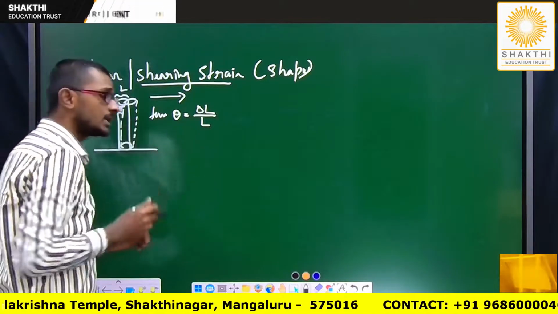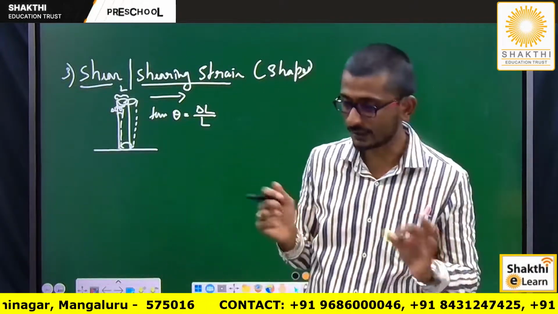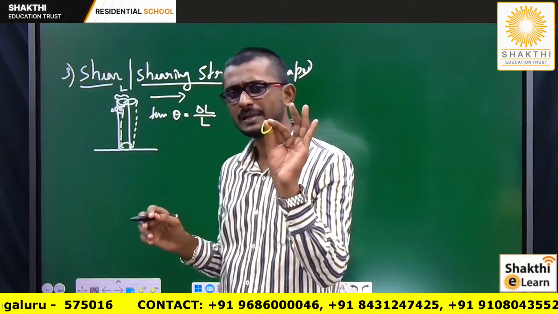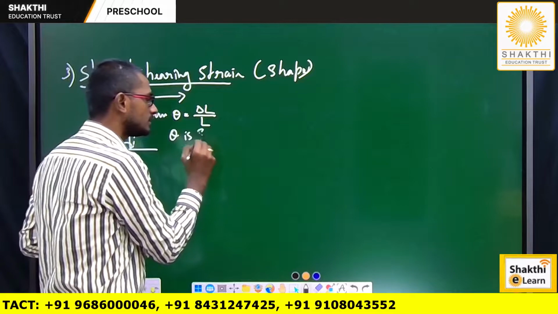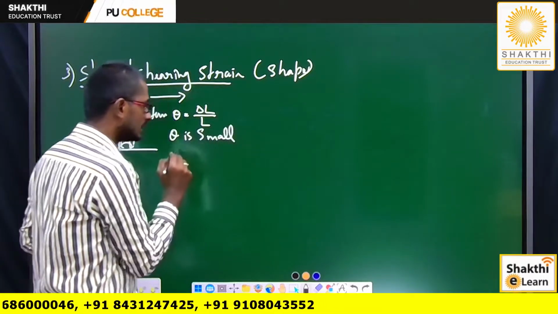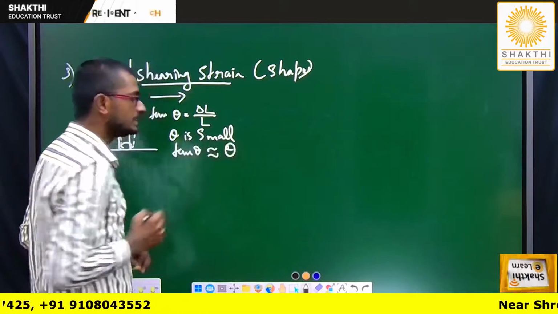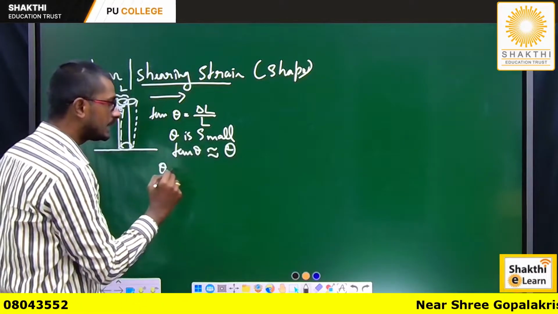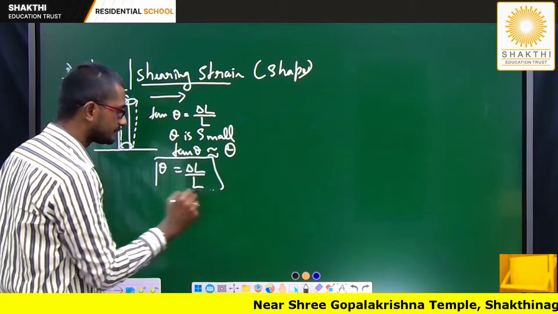When the shape changes, it might be a small angle, not 30 or 40 degrees. If theta is small, then tan theta is approximately equal to theta. So theta is equal to delta L by L.